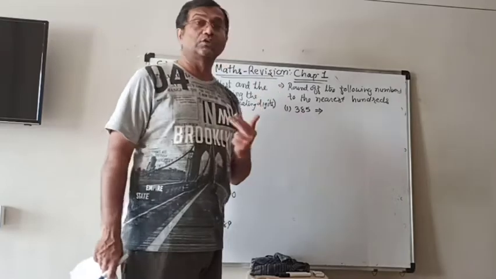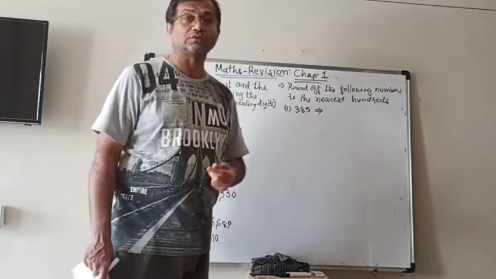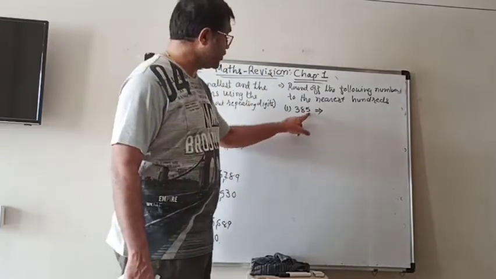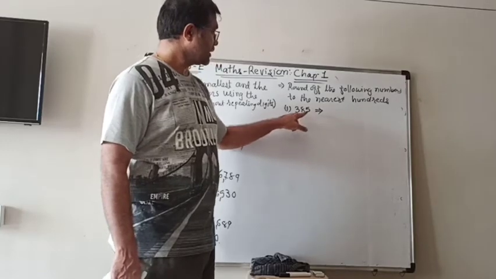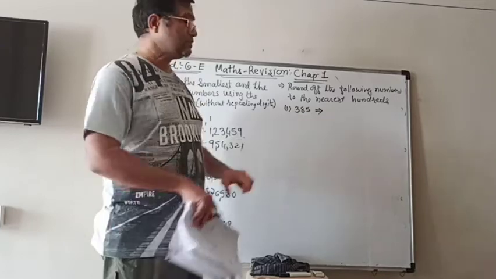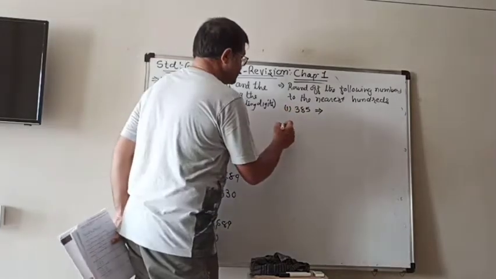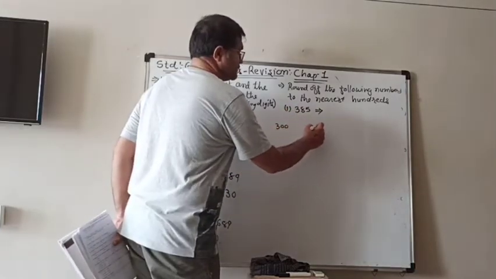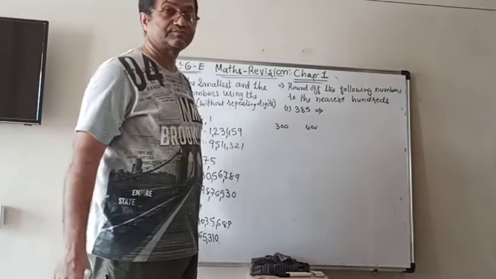If it is 5 or more than 5, then you have to put both zeros and then add 1 in the third digit. Because you know that 385 is between 300 and 400, because we are talking about hundreds.